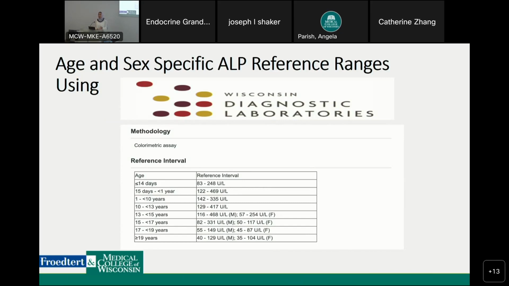They adjust the level of the alkaline phosphatase according to age and sex. So we have that already adjusted whenever we have the alkaline phosphatase result. As we can note here, children have higher levels of alkaline phosphatase. Males also have higher alkaline phosphatase than females. So that's already automatically being adjusted by the lab.